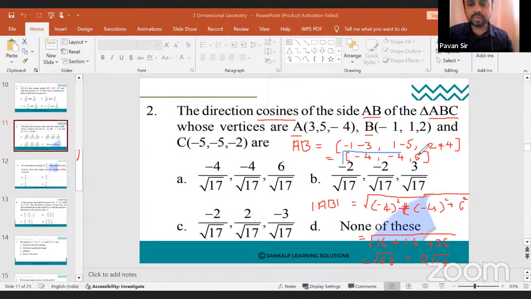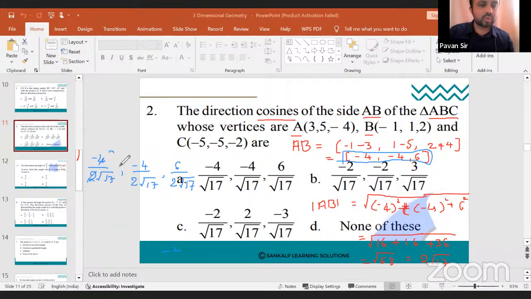It is nothing but minus 4 upon 2 root 17, comma, minus 4 upon 2 root 17, comma, 6 upon 2 root 17. Now try to simplify this. You will get the correct answer. So what is the simplified answer?